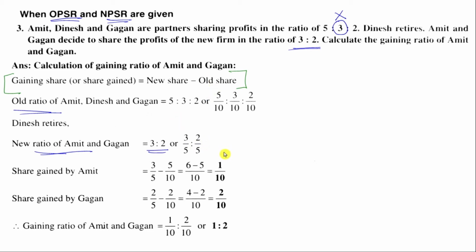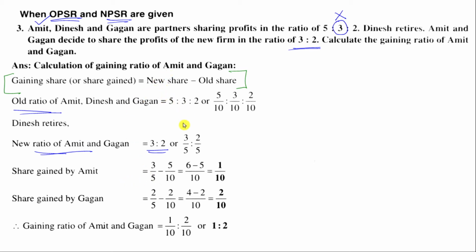By now we have written everything which is given in the question, and it's time to solve the problem based on the formula. Okay, first we need to calculate for Amit, then we need to calculate for Gagan. First we'll solve for Amit. Share gained by Amit. In order to calculate this, what we need is the new share.